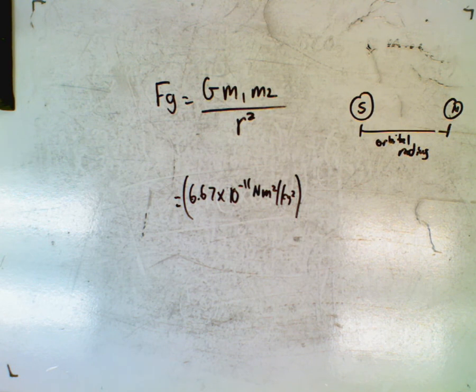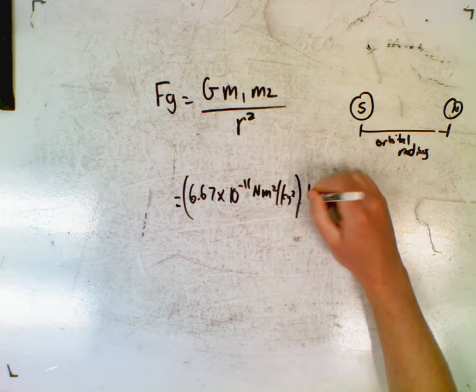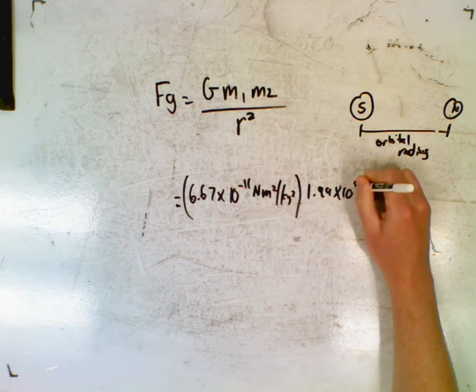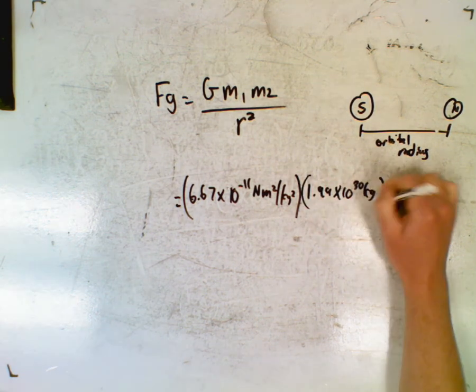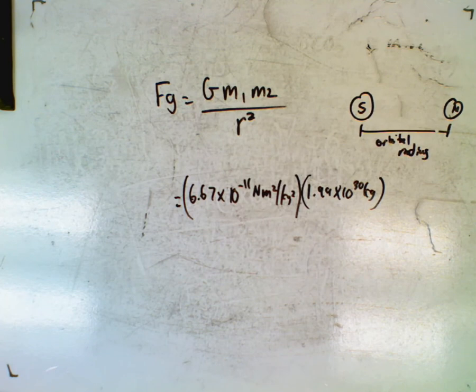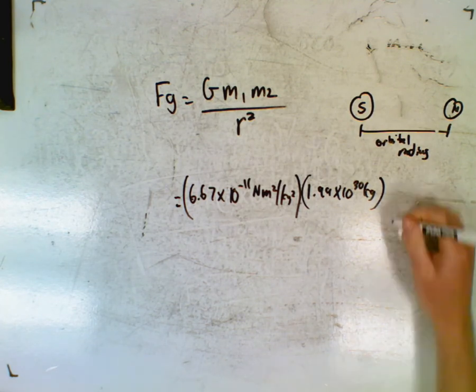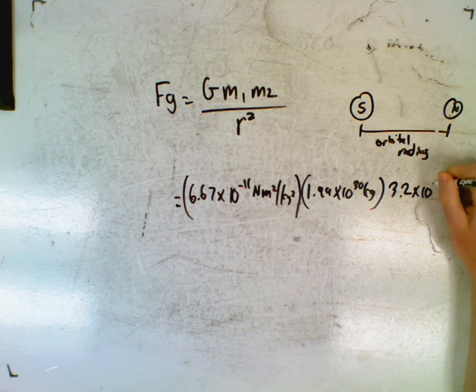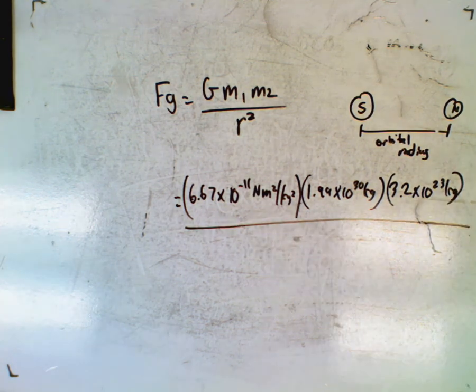The mass of the sun is 1.99 times 10 to the 30 kilograms. And then mass 2 is going to be Mercury, and if I look that up, that's 3.2 times 10 to the 23 kilograms.